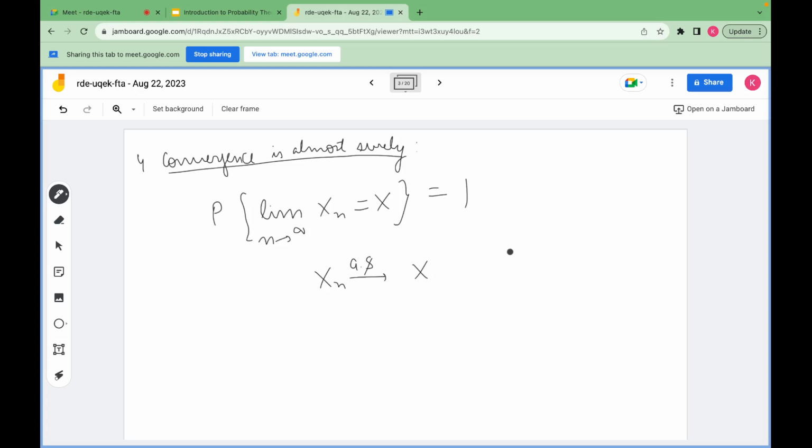Okay. Here we are not taking any epsilon or some difference, we are just saying that Xn will be exactly equal to this capital X and the probability of this is 1, then we can say that the convergence is almost surely. Okay.